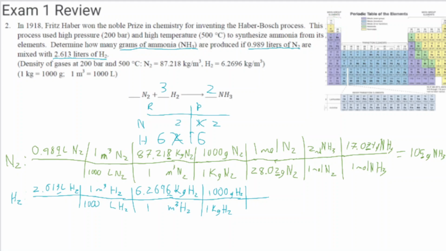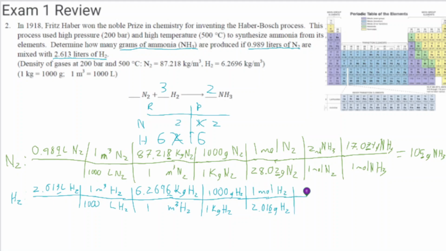So if we multiply that by 2, since we have 2 hydrogens, we're going to get 2.016 grams of hydrogen, or grams of H2, for every 1 mole of hydrogen gas, or H2.